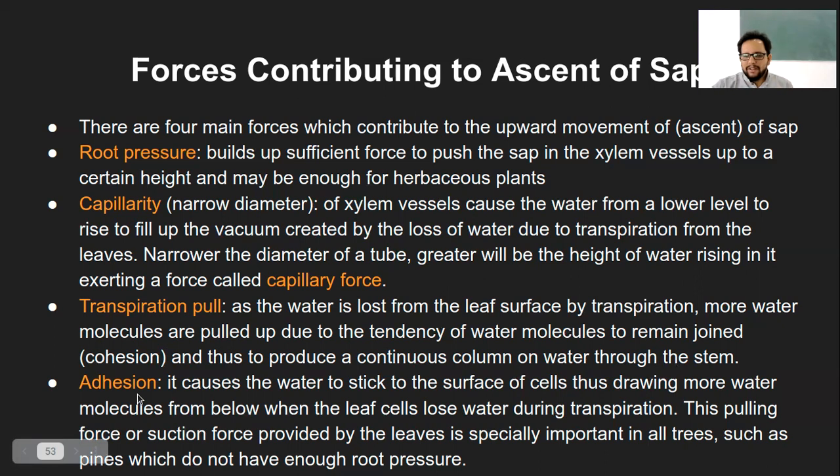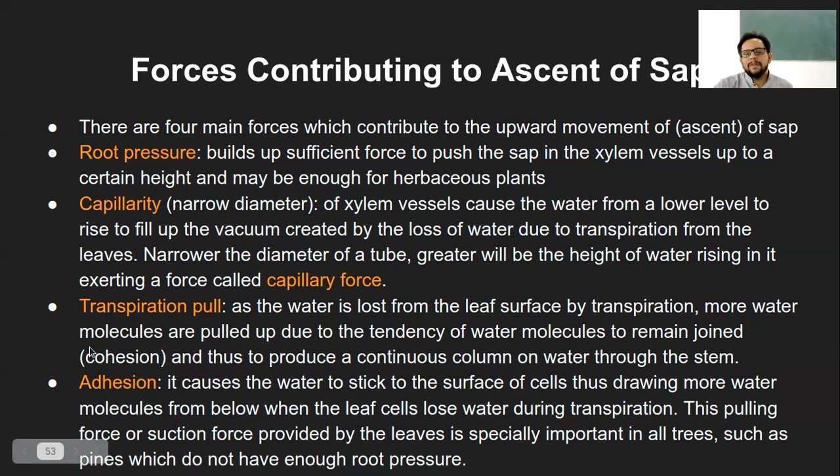Then adhesion. Now one is cohesion, that is between water molecules. So two water molecules attracting each other, that is cohesion. Adhesion is a water molecule attracting the surface cells, or the surface cells attracting the water molecule, either way, that is adhesion. So adhesion is between two different molecules, right?